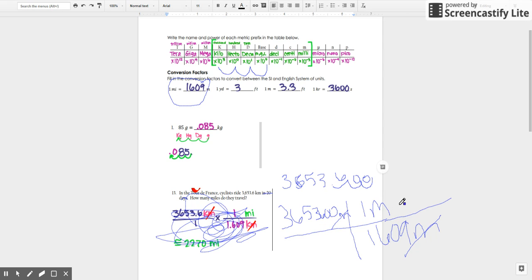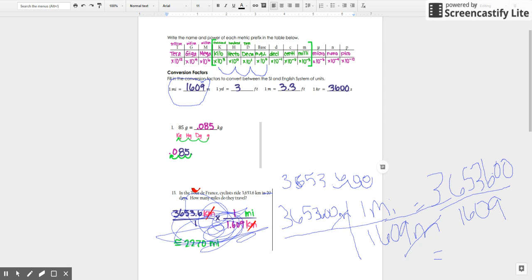So when I do that, I can take this number times 1 and get 36,536,600 divided by 1609. And when I put that in the calculator, let me put that in the calculator real quick.